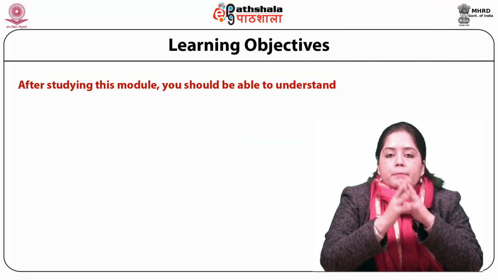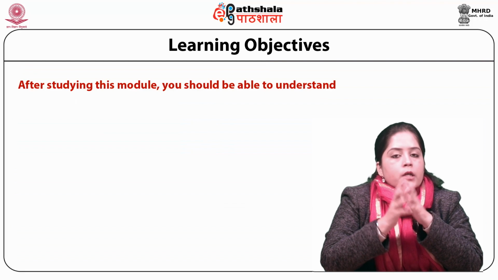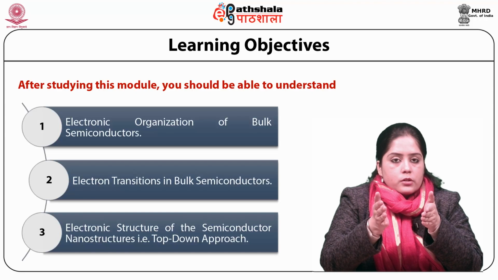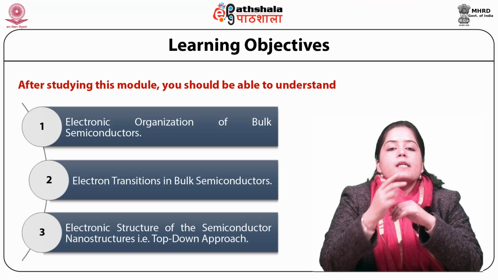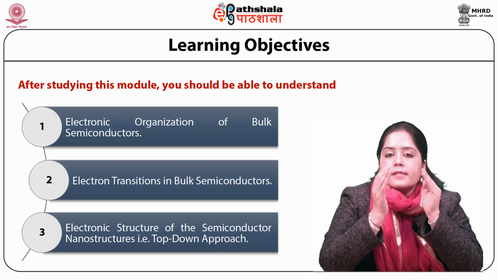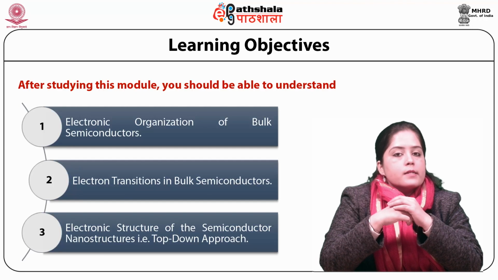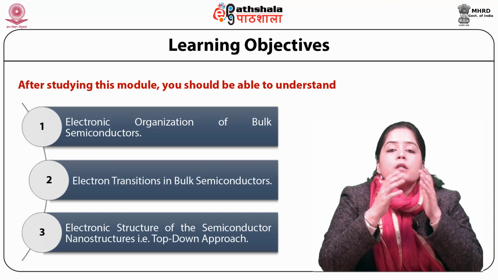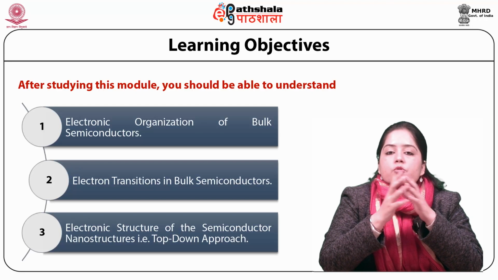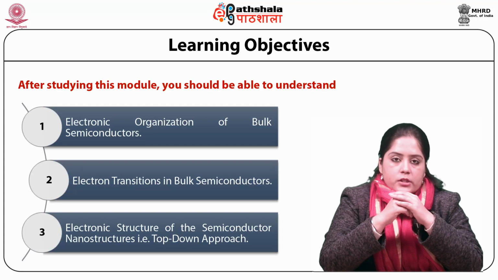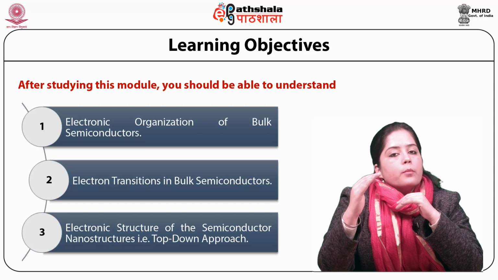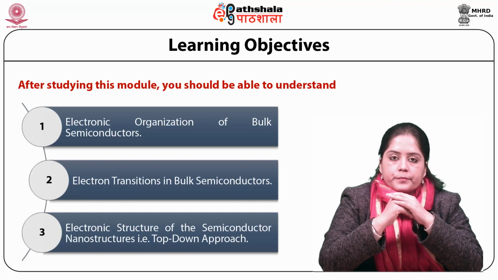After completing this module, you will be able to learn first, electronic organization of bulk semiconductors; second, electronic transitions in bulk semiconductors; and thirdly, electronic structure of the semiconductor nanostructures, that is, the top down approach.